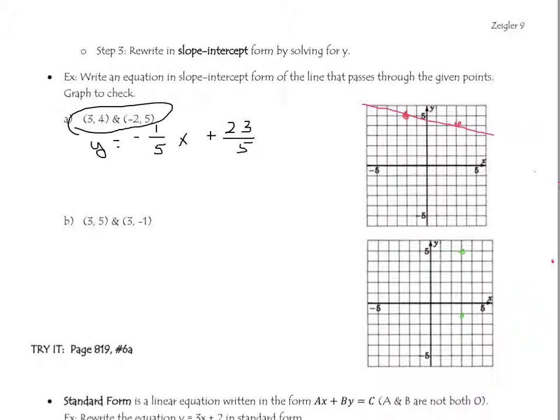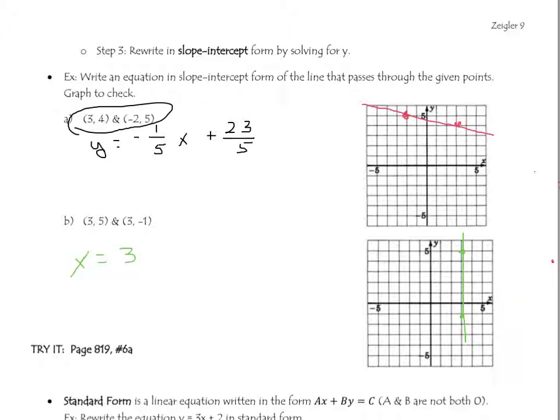Now we see that we have a vertical line, and we could have just looked at these 2 points and noticed that x was the same, and when x is the same, you have a vertical line. So when you have a vertical line, the slope is non-existent, so you simply write that x equals 3.